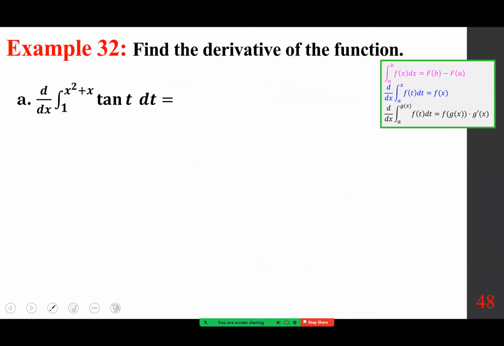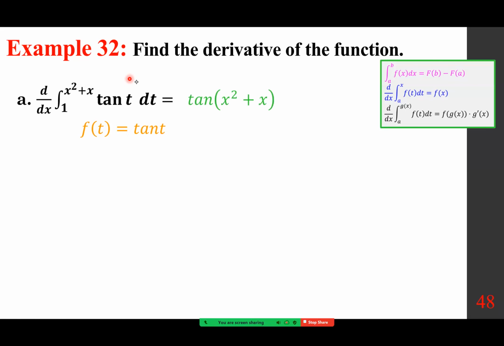What about here? In the same manner, notice your function is tan t, everybody. So we're going to replace the t with this upper function x squared plus x. And then by the chain rule, times its derivative, which is 2x plus 1.